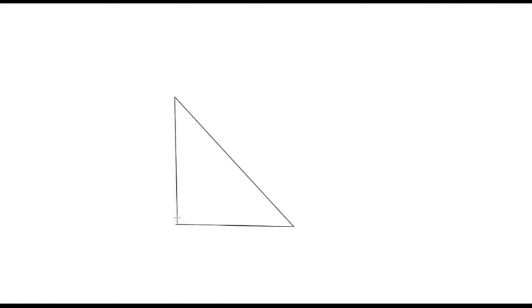So here's my right angle. And let's say this is my 60-degree angle. We'll just use an asterisk for degrees. And this is my 30-degree angle. Obviously not drawn to scale, but we'll go with this.